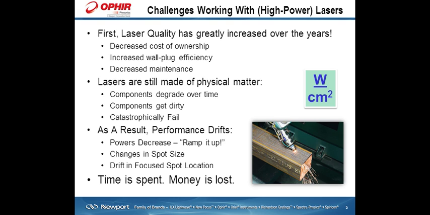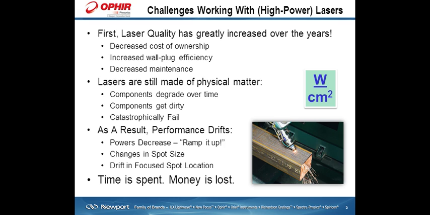But that doesn't change the fact that lasers are still made of physical matter. They're always going to be made of stuff, and stuff is going to degrade over time, regardless of what kind of laser system you have. Components are going to get dirty during maintenance or during failure of systems.